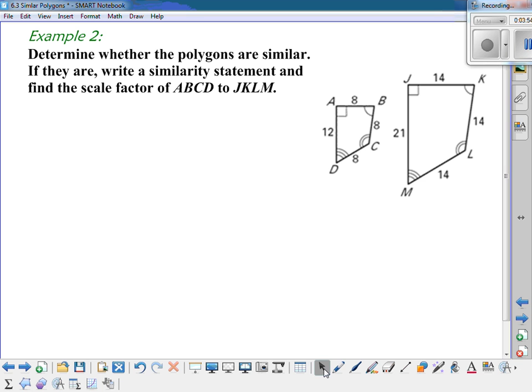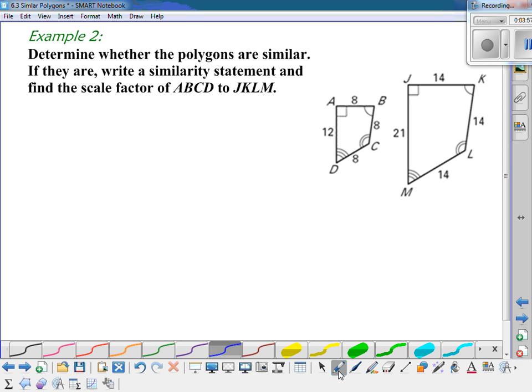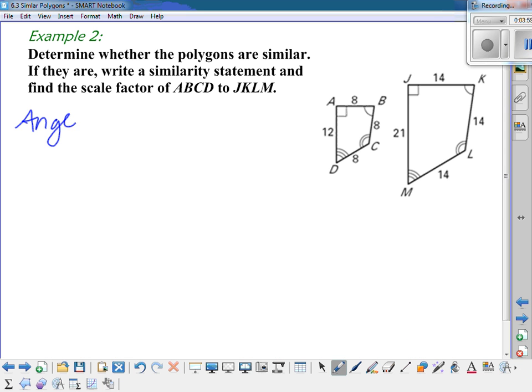So first of all, I look at my angles. I can see that angle A is congruent to angle J because they're both right angles.